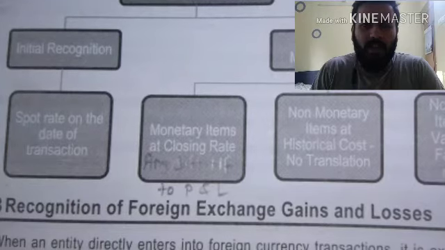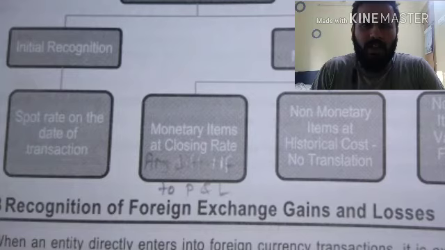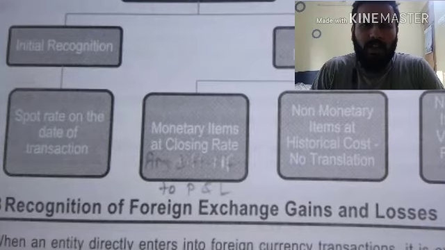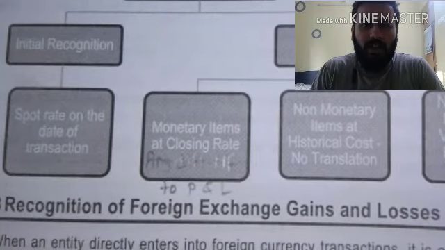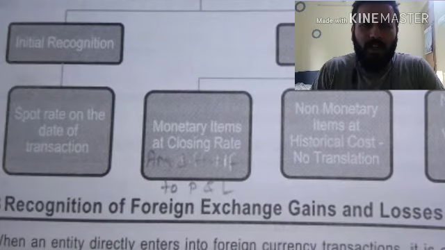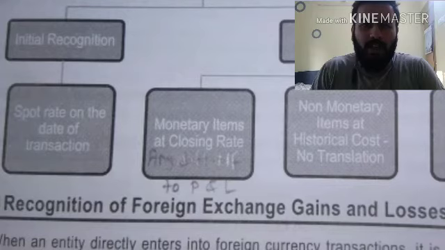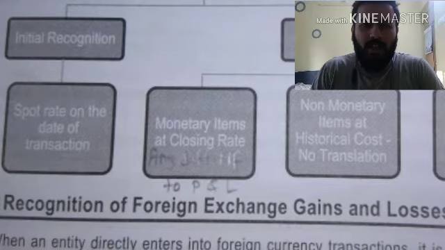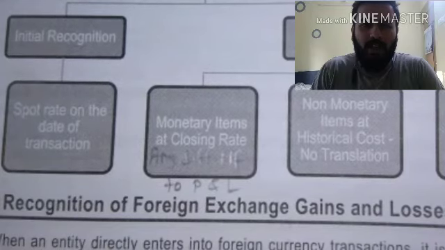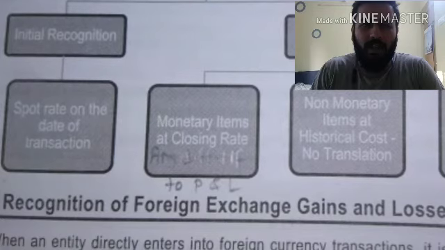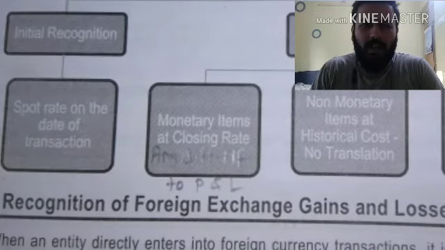Now subsequent measurement is done at the reporting date only. Subsequent measurement or subsequent reporting is at the reporting date. So what is the reporting date? Reporting date is basically your balance sheet date, that is your year ending date or whatever it is.